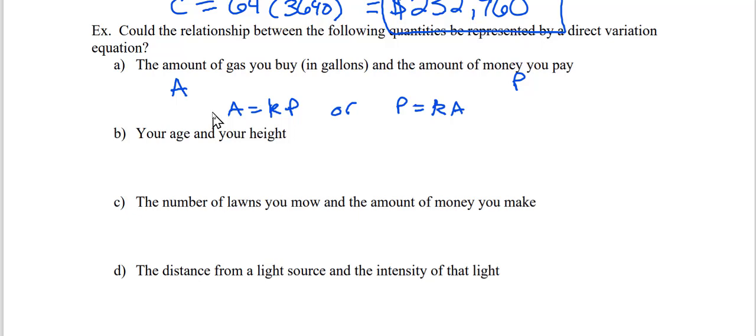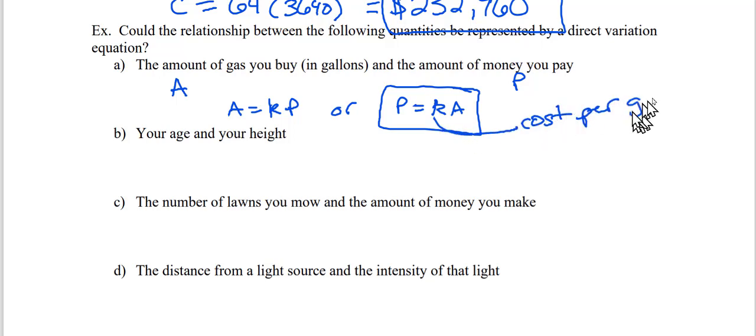Well, I'm looking at this and thinking, okay, if that is true, what would this K be? I kind of like looking at it this way. The amount of money you pay, the number of gallons of gas you buy, this number would be the cost per gallon, which is constant, right?